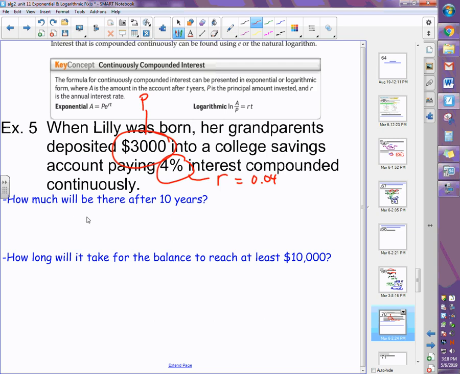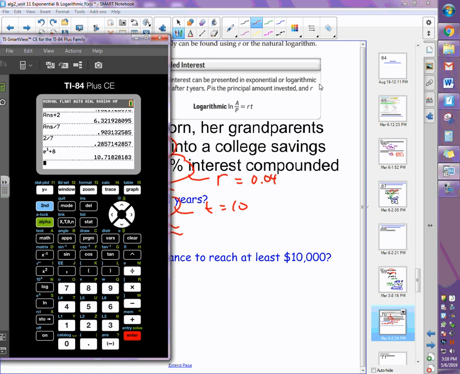The first question says, how much will there be after 10 years? So that means that's T, 10. So the amount is equal to P, which is 3,000, times e to the power of 0.04 times T. And then we put it in the calculator exactly like that.